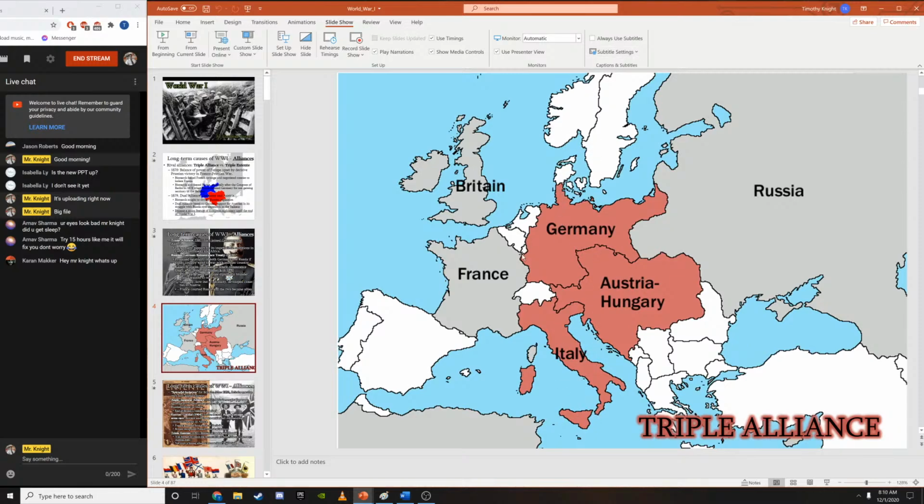So the Triple Alliance turns into the Central Powers, except Italy switches sides. So Italy drops out. So these nations, after the war starts, are no longer known as the Triple Alliance. They start to be known as the Central Powers.